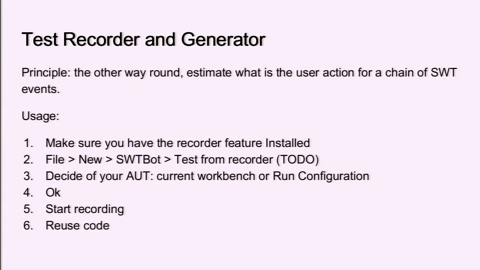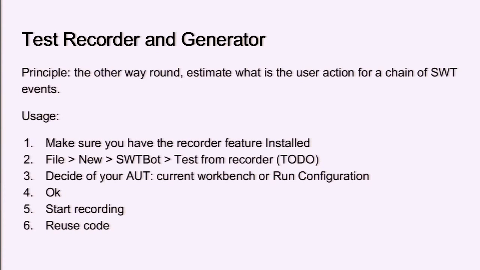So SWTBot has a recorder and generator, and I will demonstrate how it works. The idea is that it is the other way around from SWTBot. SWTBot has the API which generates the events. The recorder, on the other end, just monitors the events and tries to work out the user operation generated by a sequence of SWT events.